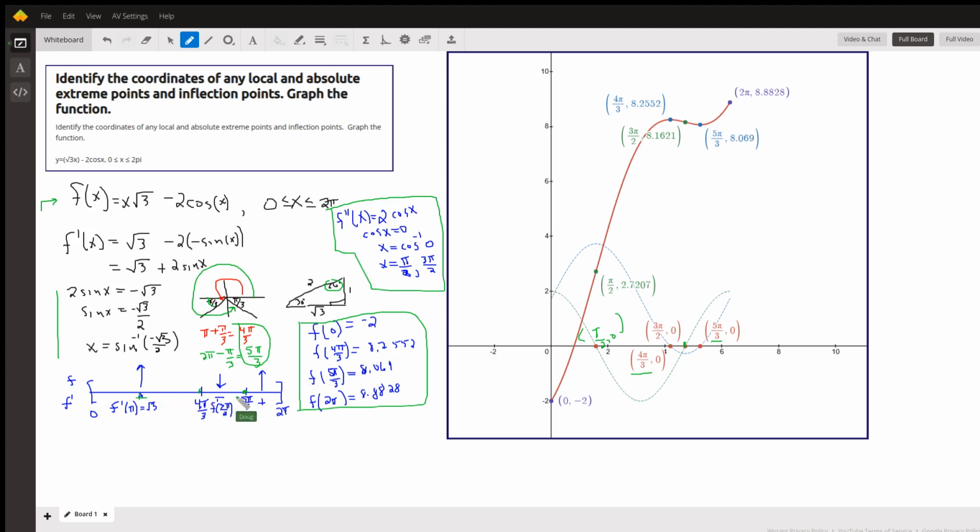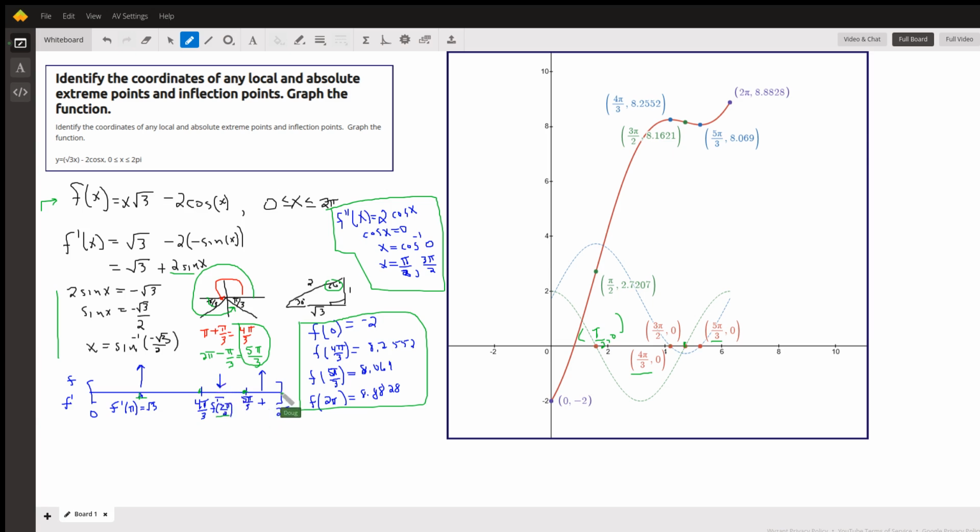Between 4 pi over 3 and 5 pi over 3, for example 3 pi over 2, f prime of 3 pi over 2 is negative, because you'll have 1.7 take away 2, so decreasing in that interval.